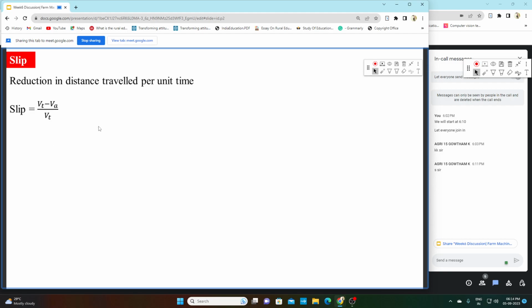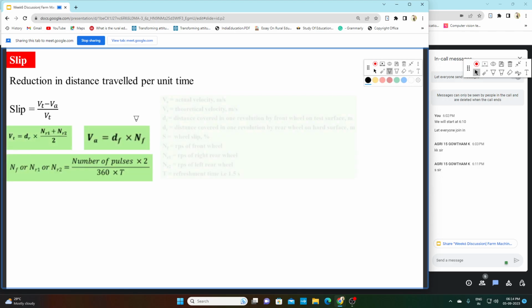One is Vt, that is theoretical velocity, and one is Va, that is actual velocity. In slip condition, actual velocity is less than theoretical velocity. And slip percentage, or you can say slip, is the reduction in velocity divided by the original velocity, that is Vt, theoretical velocity, minus Va, actual velocity, divided by theoretical velocity. This is the formula of the slip.